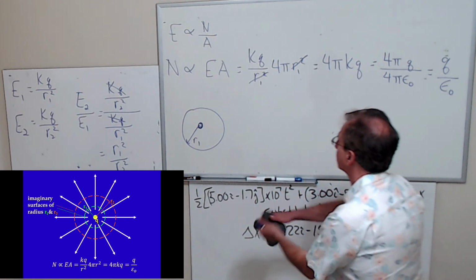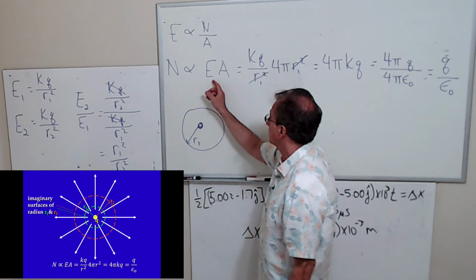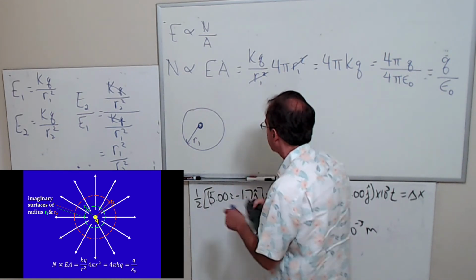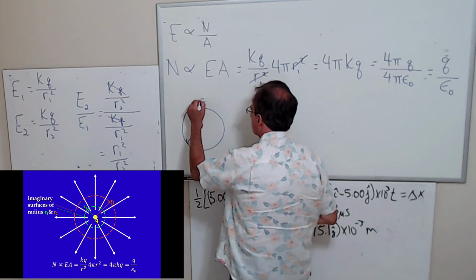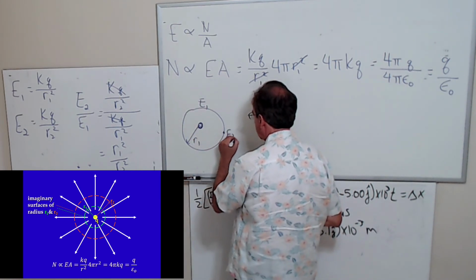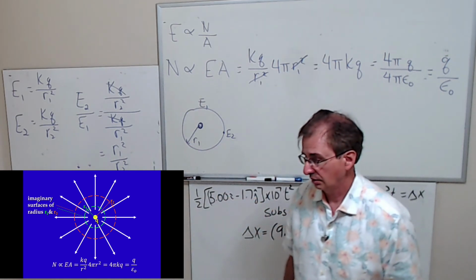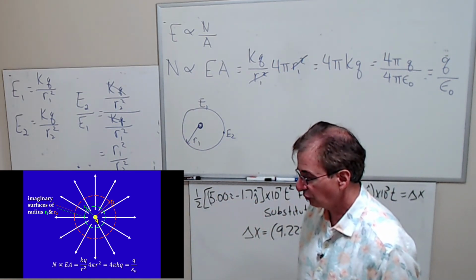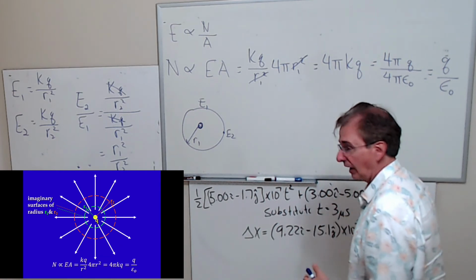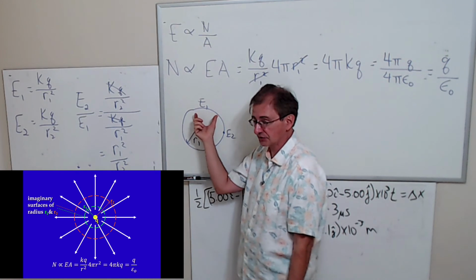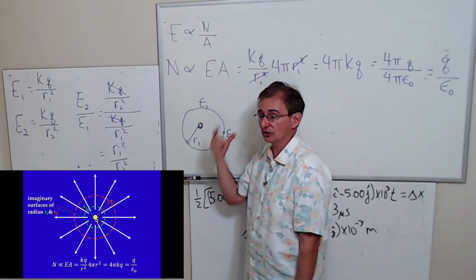Then how do I do it? I can't do this calculation, because if E has one value here and another value here, how am I going to do it? Well, I have to break up my surface into sufficiently small pieces so that E is constant over each piece.